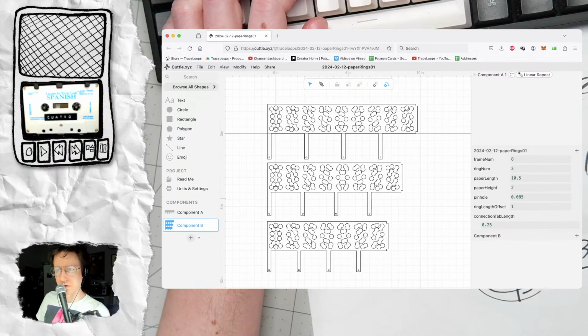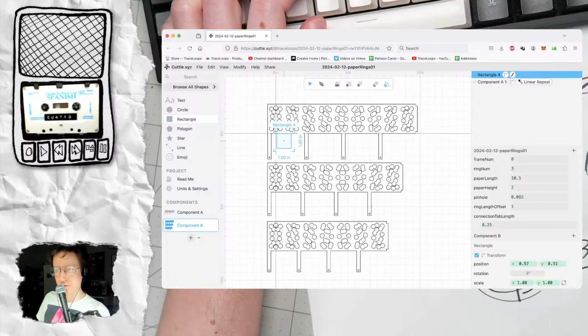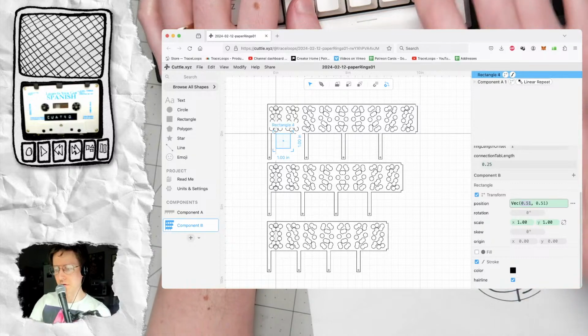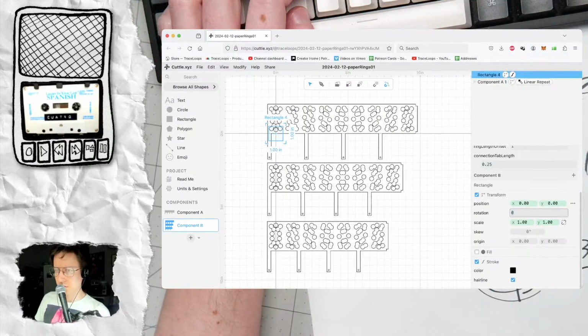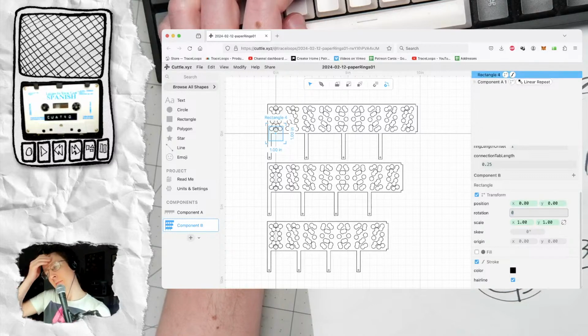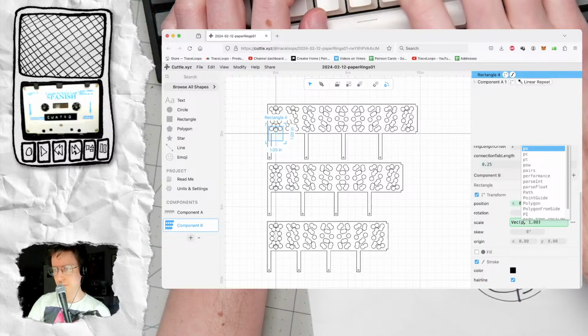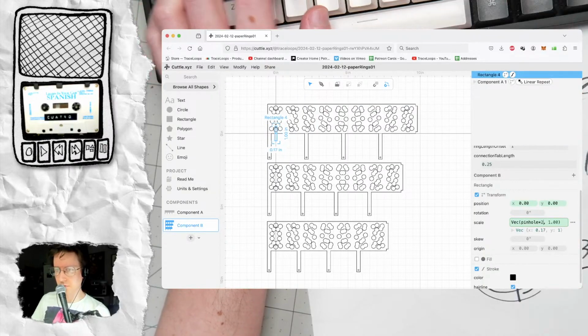And now I need this weird bit, which is position is 0, 0. Scale is pinhole times 2.